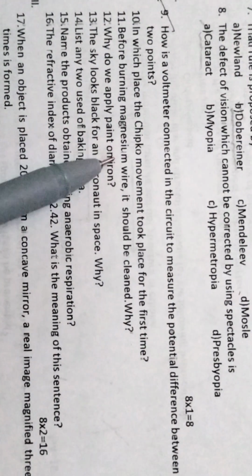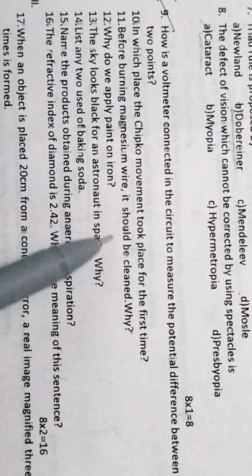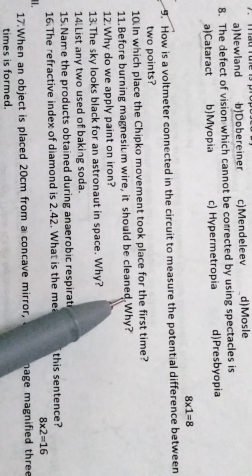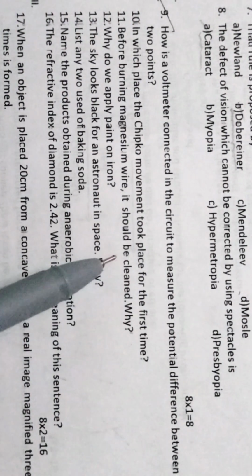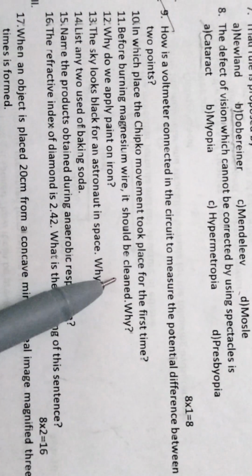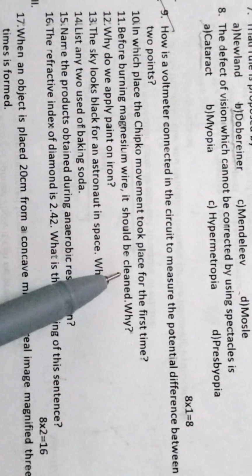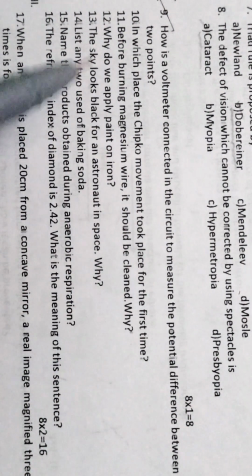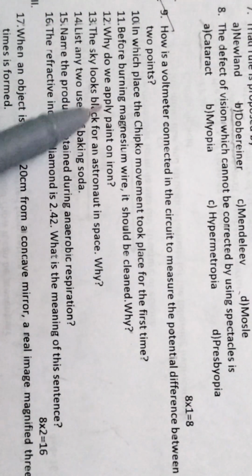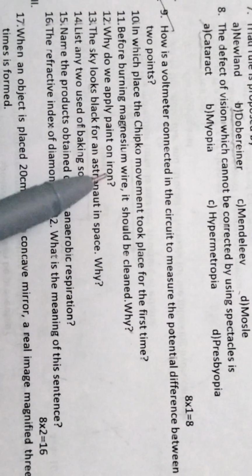Before burning magnesium wire, it should be cleaned. Why? Because to remove the oxide layer of magnesium. Why do we apply paint on iron?